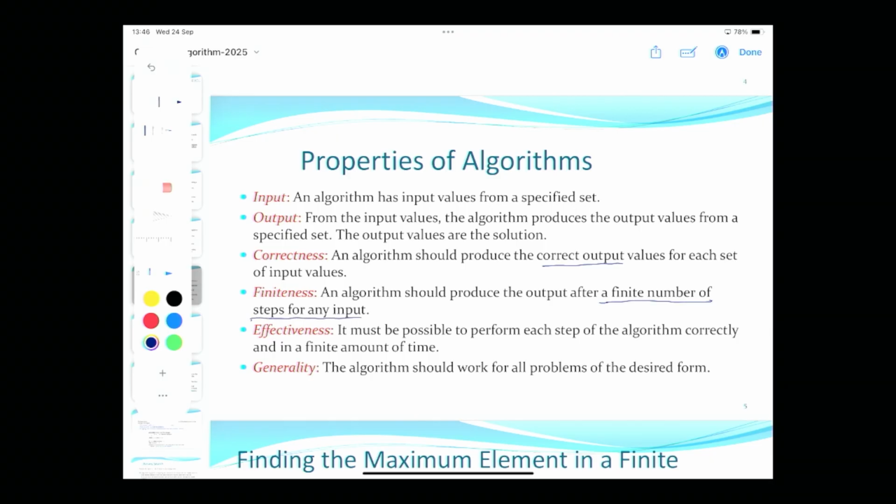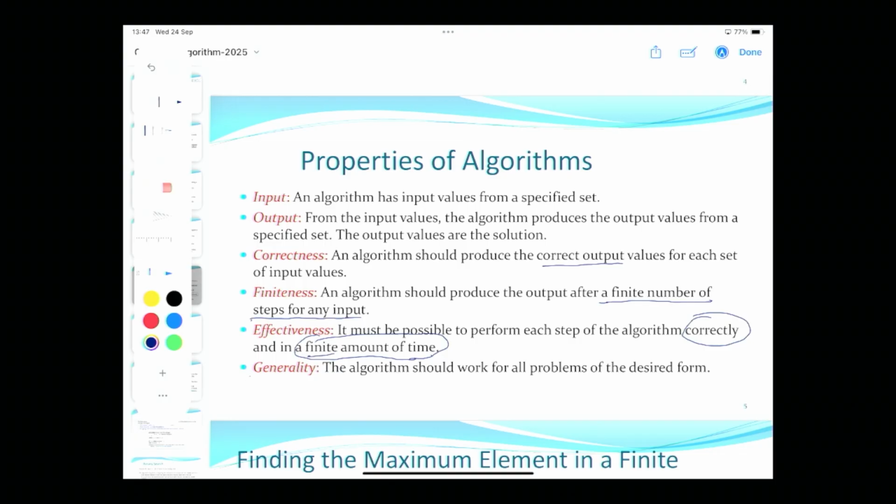After taking the input, the algorithm must be effective. That means not only giving correct output, but also doing so within a certain time, right? It cannot just run endlessly to work on a problem.